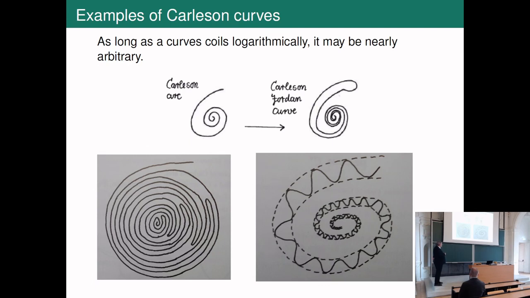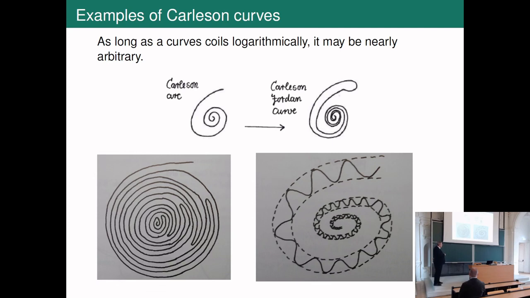This scrolls up logarithmically, but it looks like an arithmetic spiral, because if I had drawn this logarithmically, you would not have seen anything. For instance, you may have a curve that moves in this direction 5 times, then in this direction 700 times, in the other direction 5 times, in this direction 13 times, 70,000 times in the other direction. As long as all this is along a logarithmic curve, this is a Carleson curve.